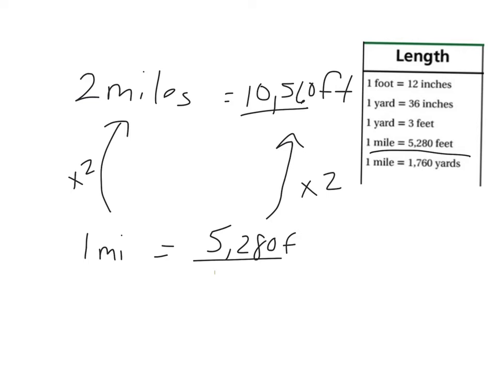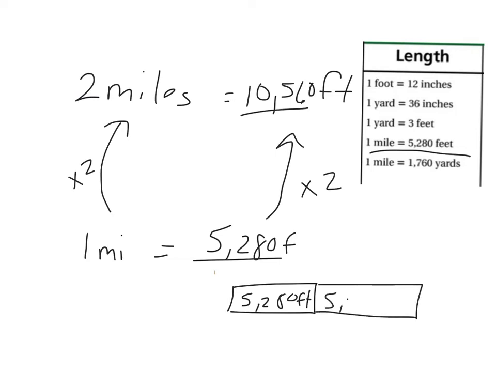Again, if I wanted to, I could actually think about it in a representational model of 5,280 feet equals 1 mile. So then I'd have to have another 5,280 feet. And then realize if I'm adding together or multiplying. So this is a good way to use those bar diagrams.